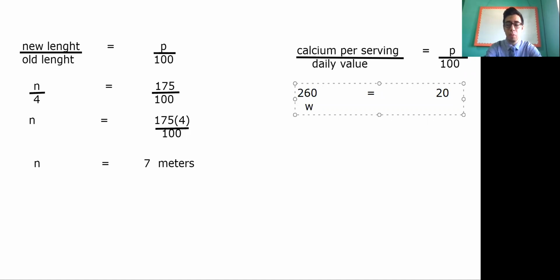On the daily consumption, we are going to use the variable W. You can use, for example, the variable D. It doesn't matter, okay? Only matters that you show how to obtain this value. And this is divided by 100%. Remember that the 100% is the total of this, okay? So the 100% is the total.